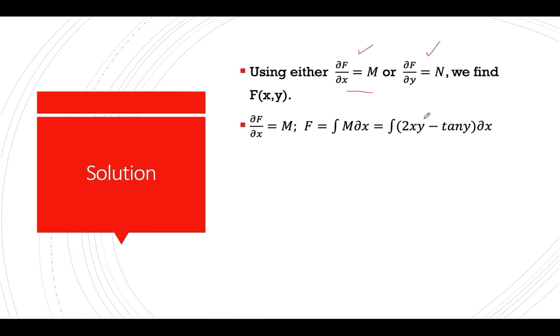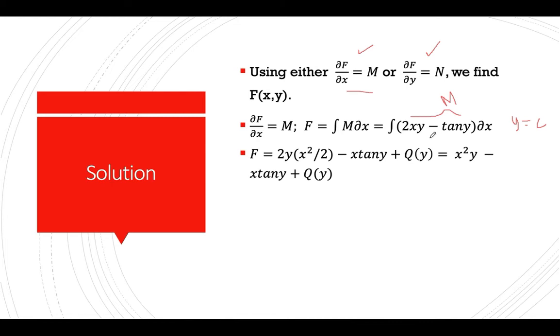And then this is our function M from the differential equation. So we integrate partially with respect to x, so we treat y to be constant. Okay, so integrating, 2y will be constant.